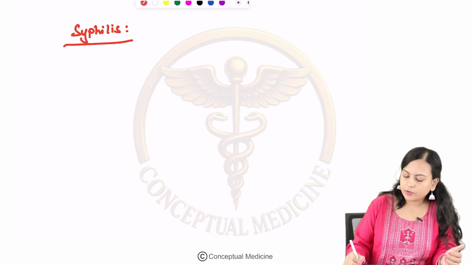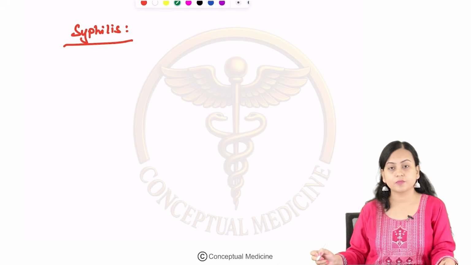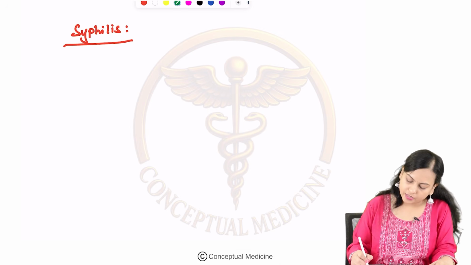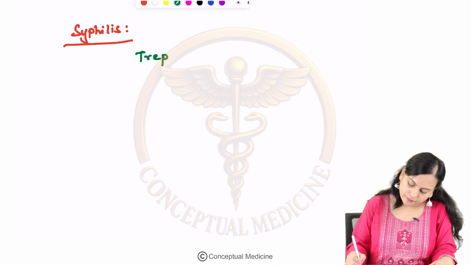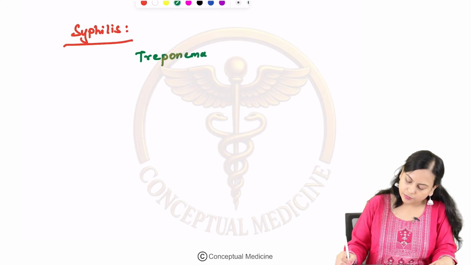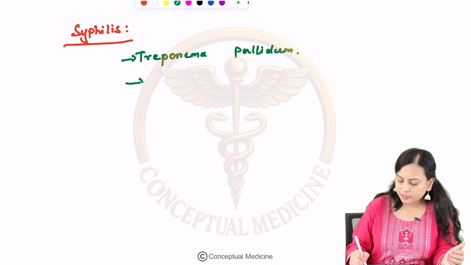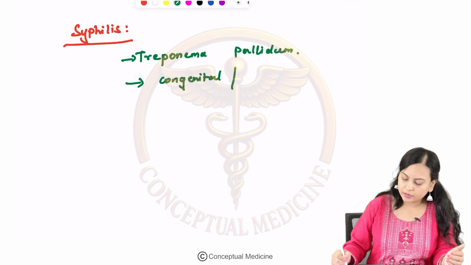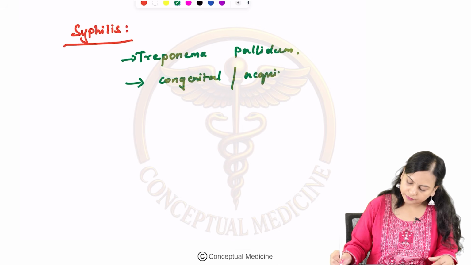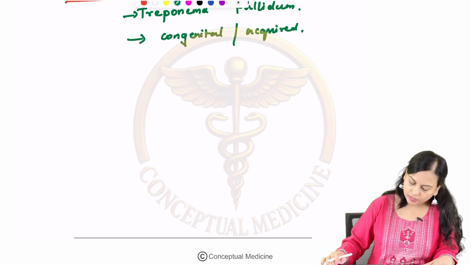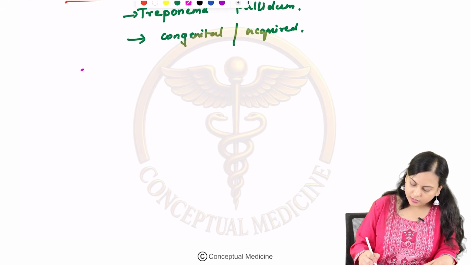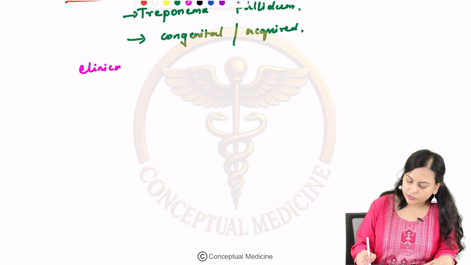So, what is the causative organism of syphilis? It is Treponema pallidum. So, it is caused by Treponema pallidum, and remember, syphilis can be either congenital or acquired. And we will see the clinical features of syphilis.